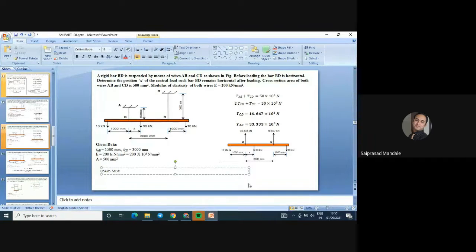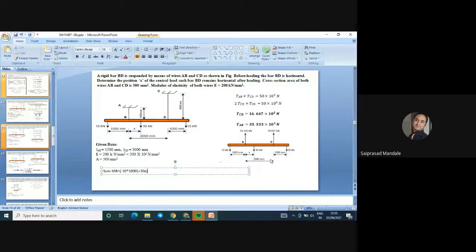Sahil, tell me. 10 into 1000, it is anti-clockwise, so it is minus, we will take minus 10 into 1000. Then plus 30 into x, plus 30x.